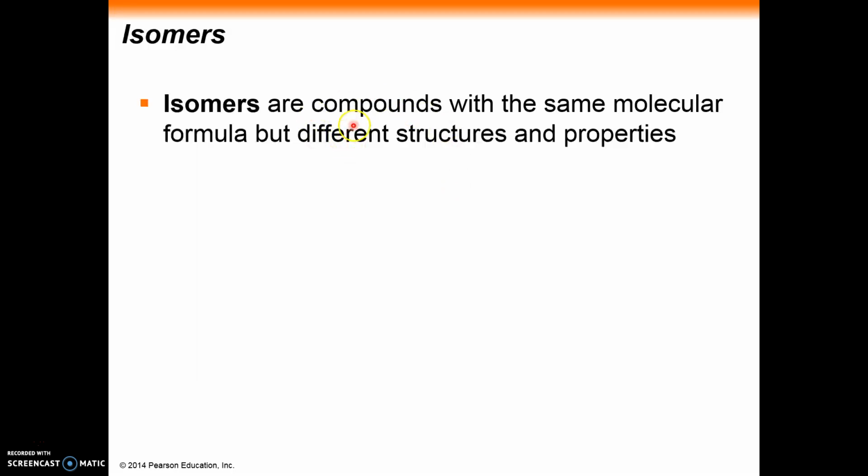Okay? And we've actually encountered this before, but we may not have really focused in on it. So isomers are compounds that have the same molecular formula, but their structures are different, and consequently their properties are different. Remember, structure is function.